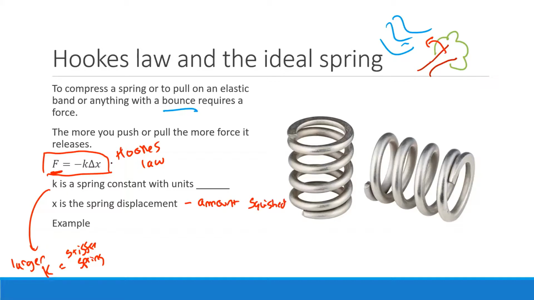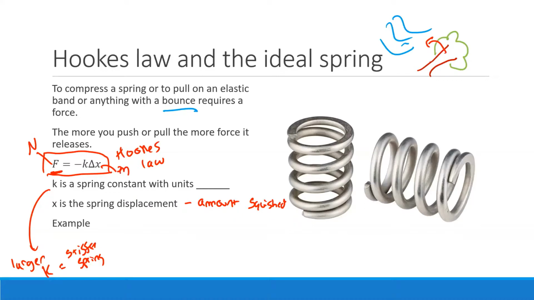As for K, the spring constant, it's measured in units. I thought I could just give you guys the units, but I thought it might be interesting to show you how we can work out the units of K. We know that the units of force are measured in newtons, and the units of displacement are measured in meters.